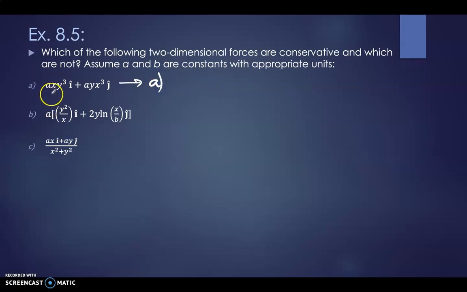So we have this part here, which is going to be F sub x, since it's in front of this i hat. And this part here is going to be F sub y, since it's in front of this j hat. Remember we are looking for dF sub x over dy equal to dF sub y over dx.